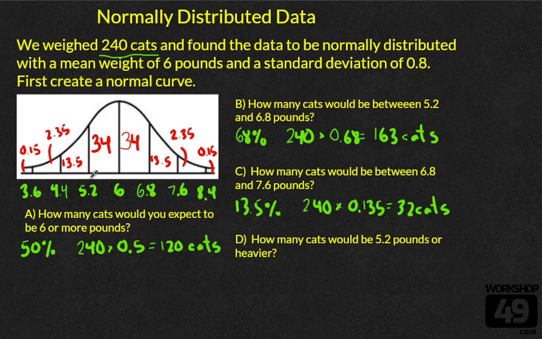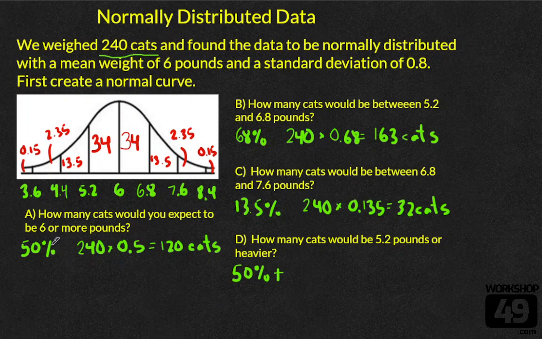Again, here's our 5.2. We want this entire region over here. You can save yourself a little bit of time here when you realize that from the mean up is 50%. So we know that it's at least 50%, but because it's also this 5.2 to 6, so it's 5.2 pounds or heavier. That's everything 6 and up.